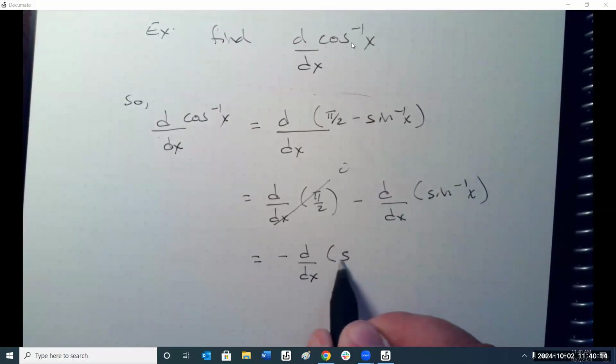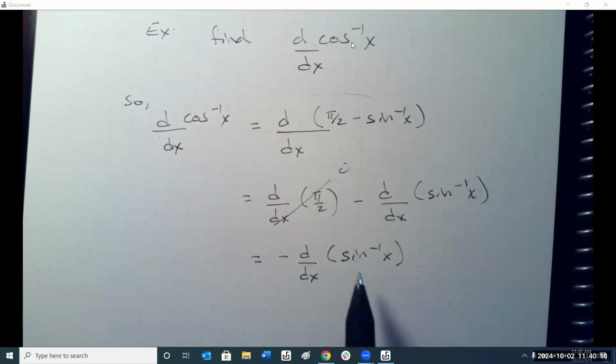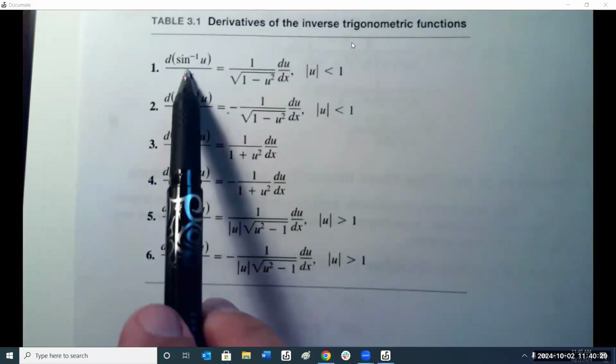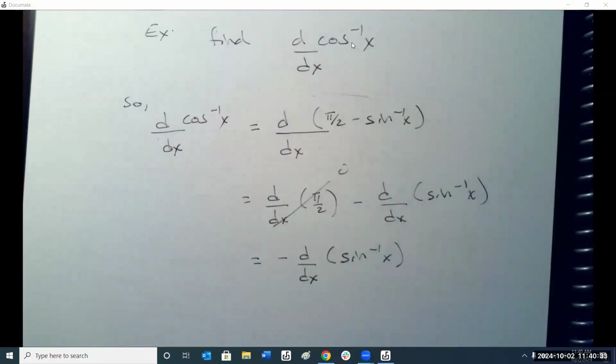So we have the derivative of the inverse of sine. Well, the derivative of inverse sine is 1 over the square root of 1 minus u squared, du.